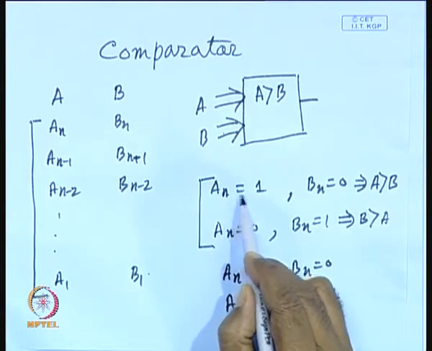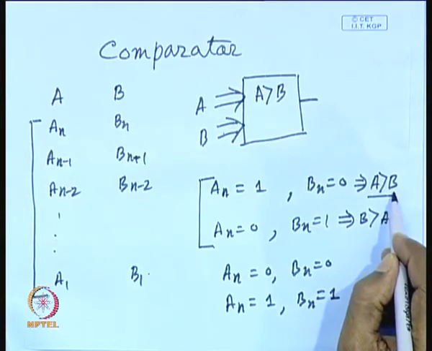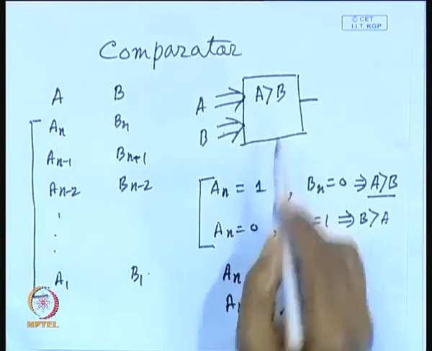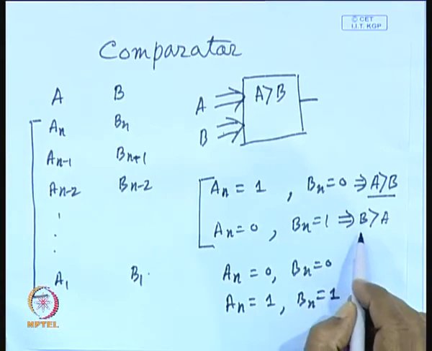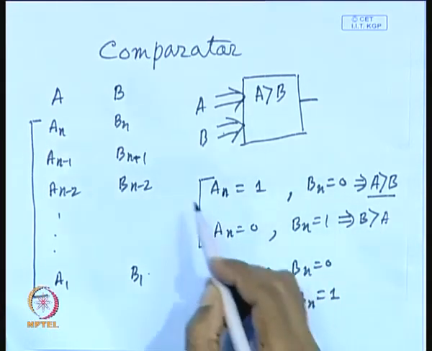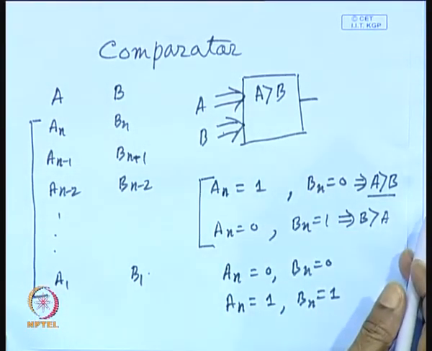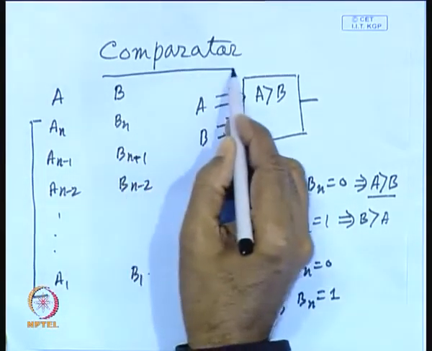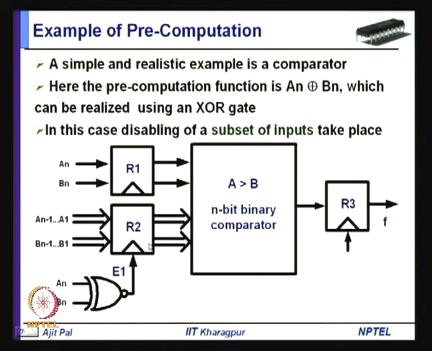Whenever a n is equal to 1 and b n is equal to 0, you know that a is greater than b, and so you need not apply the remaining bits to the comparator. Similarly, when a n is equal to 0 and b n is equal to 1, then you know that b is greater than a, so you need not apply the remaining bits to this comparator, and you can save power consumption. So, this is the basic idea of precomputation illustrated with the help of this comparator example. Here you can see the circuit that can implement it very easily.